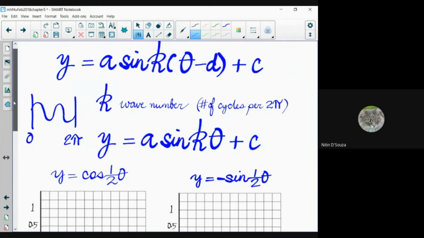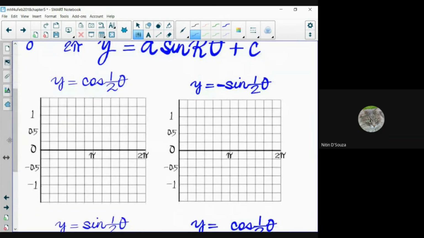Okay. So if I look at this here, this tells me my K is a half. What that means is between 0 and 2 pi, you're only going to see half of the cosine curve. So just the first half.